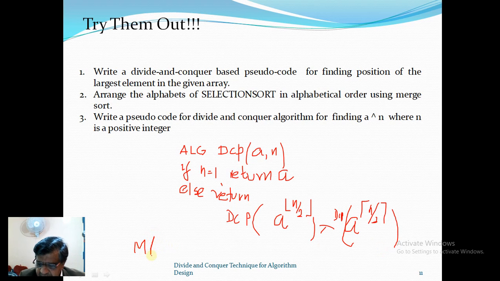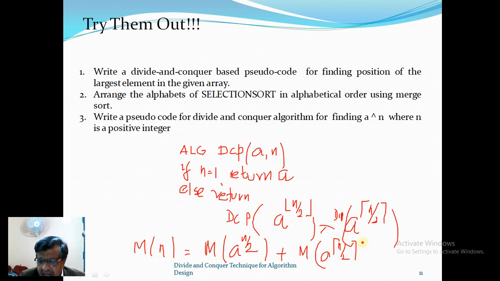The number of multiplications as a function of n equals as many multiplications as needed to find a to the power of floor of n by 2, plus as many multiplications as needed to find a to the power of ceiling of n by 2, plus one multiplication that happens over here.